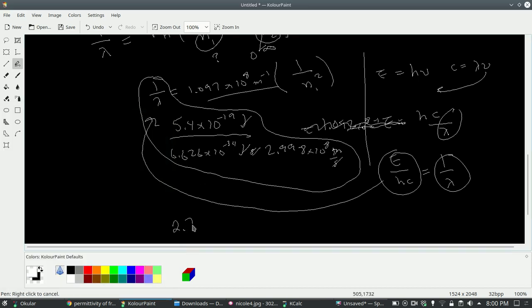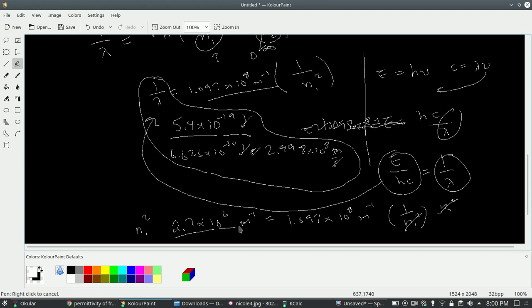So 2.7 times 10 to the 6th per meter equals 1.097 times 10 to the 8th per meter times 1 over n1 squared. Remember, I'm solving for n1 squared. So I'm going to multiply n1 squared on both sides, so these cancel.